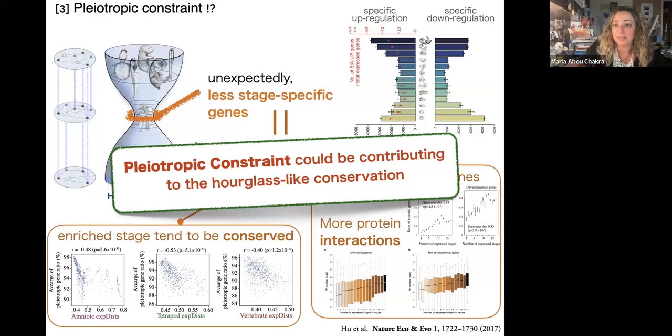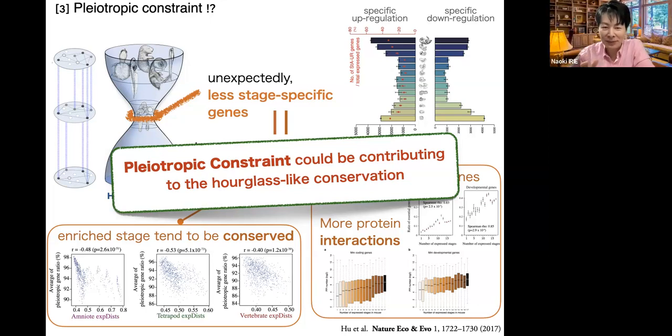I don't know. I just wanted to know, how would you imagine them if you change the resolution? Yes, and that's exactly what we are expecting to have from our single cell, single nucleus RNA-seq results. We're expecting that later stages may have average expression levels, but I wouldn't expect all the cells to express the pleiotropic genes.